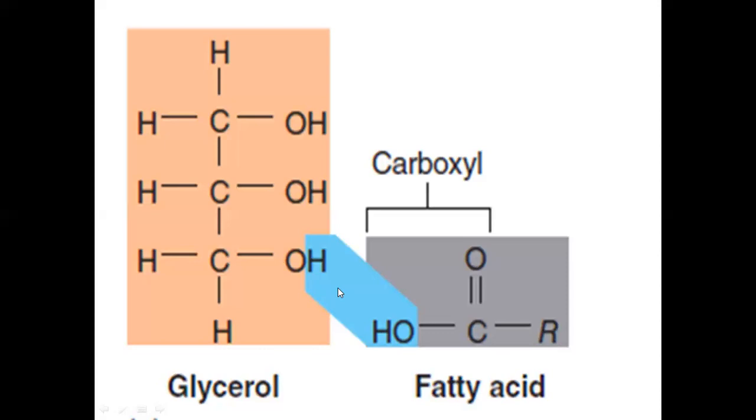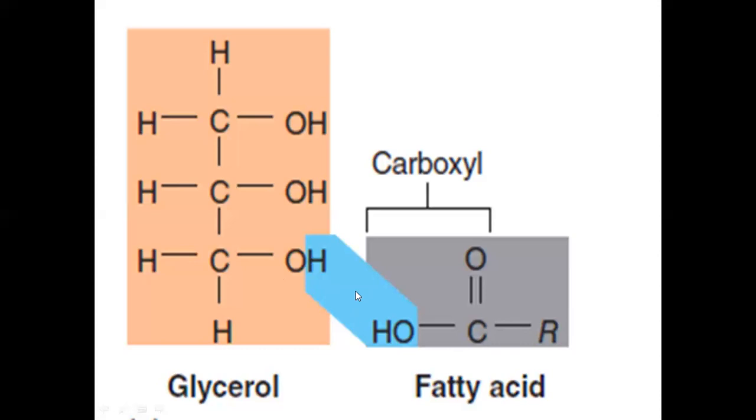Since it takes place 3 times, it has to happen 3 times for us to have a triglyceride. When there's a first reaction, what will be formed is a monoglyceride. Mono, since it's just 1.